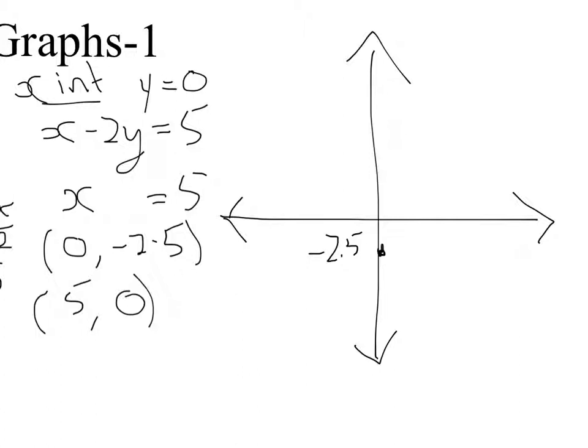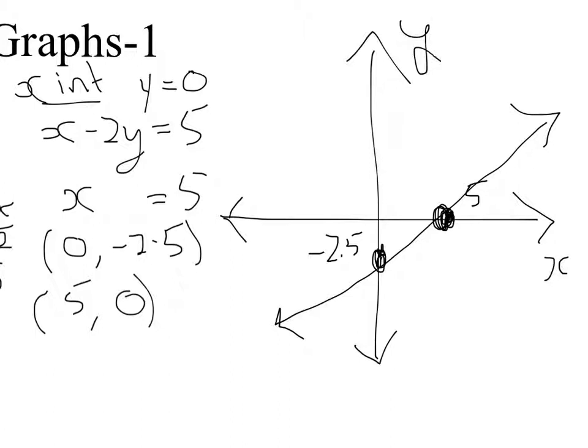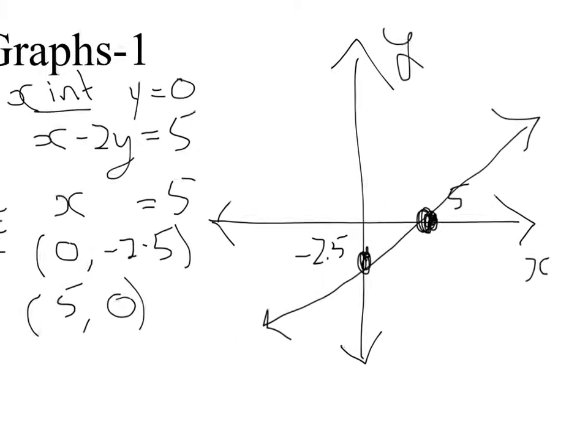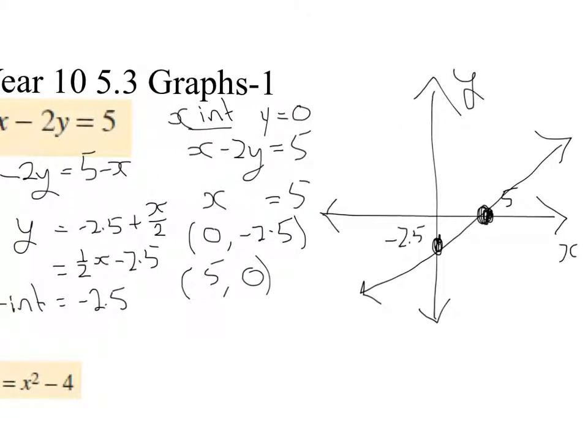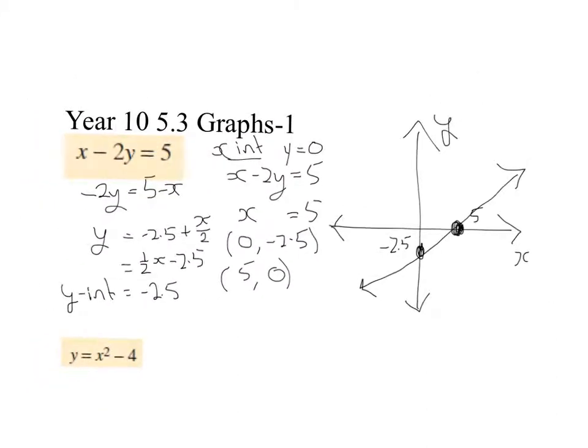The point 5, 0: starting at the origin, across 5, and I don't go up or down because it's 0. So I'll plot the point there, and I'll just mark the x value. I have 2 points. I know it's not perfect, but that's the line crossing through these 2 points, so I might just fudge it a bit. As usual, guys, basically that's it. There you go.